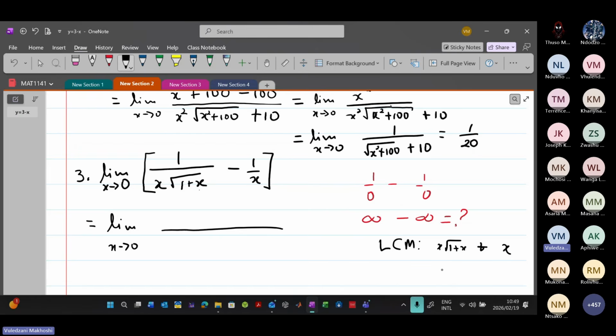The LCM here is just x square root of 1 plus x. Then we divide this into that. We get a 1. 1 times 1 is 1. Then we divide x into this. We get square root of 1 plus x, and times that it will be minus square root of 1 plus x, like that.